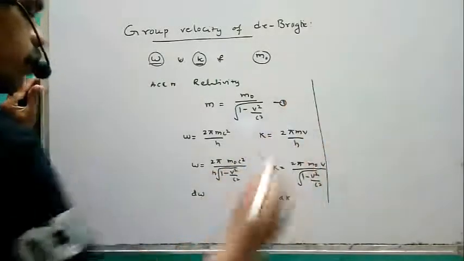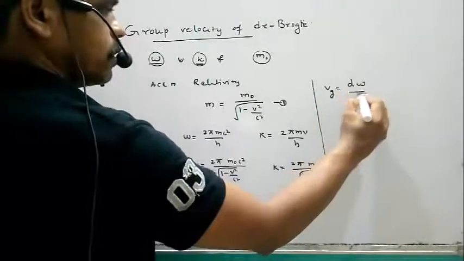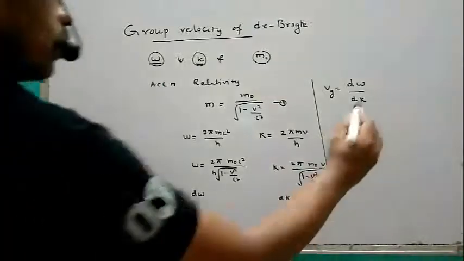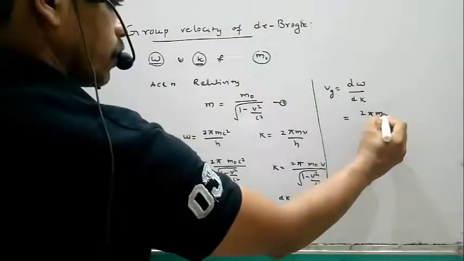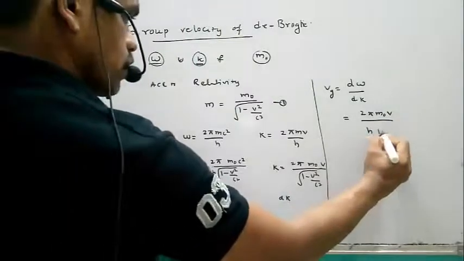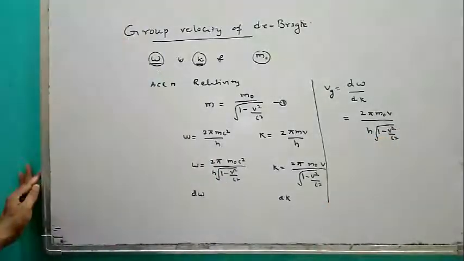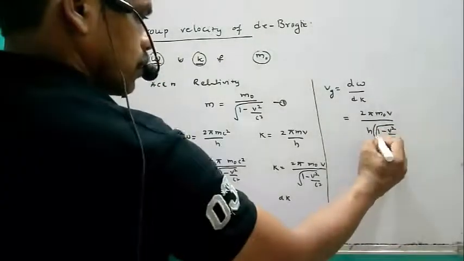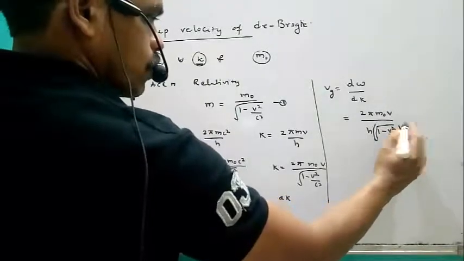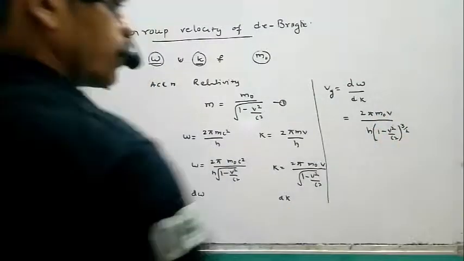After substituting, the group velocity equal to d omega by dk, we get the value 2 pi m naught v by h, 1 minus v square by c square under root, whole power 3 by 2.